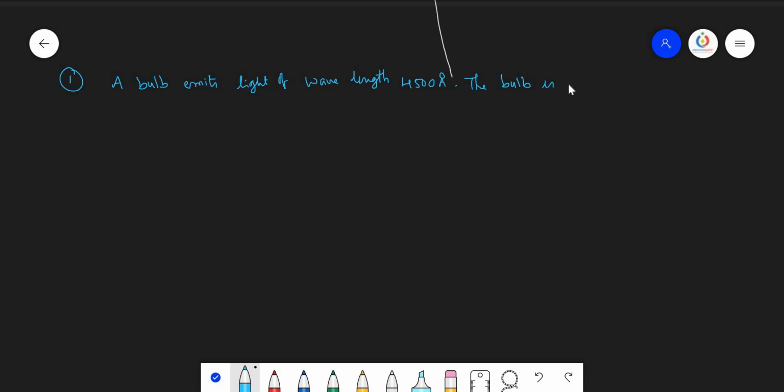The bulb is rated as 150 watt and 8% of the energy is emitted as light.